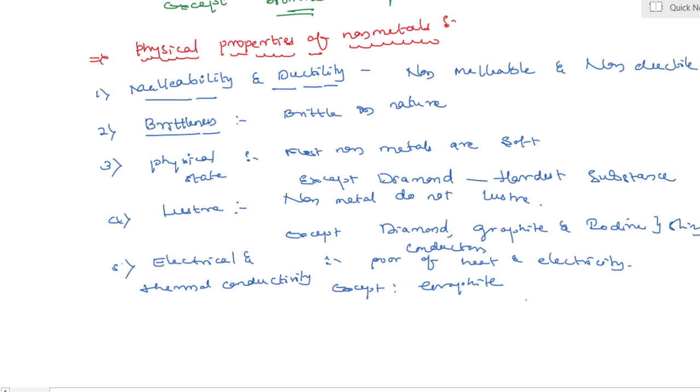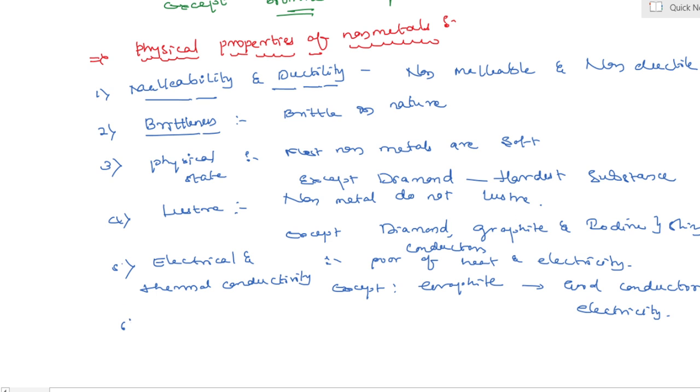Graphite is an allotropic form of carbon and it is a good conductor of electricity. Graphite rods are used. Good conductor of electricity.